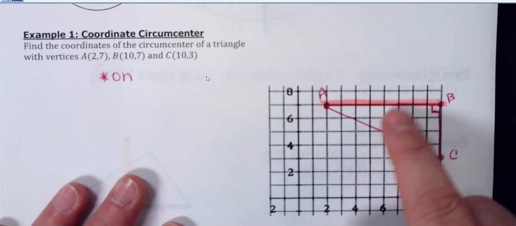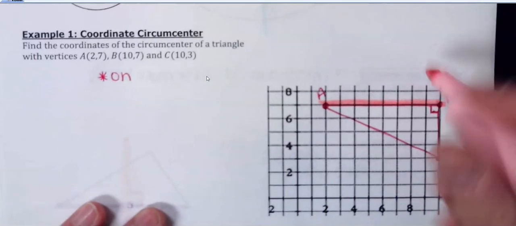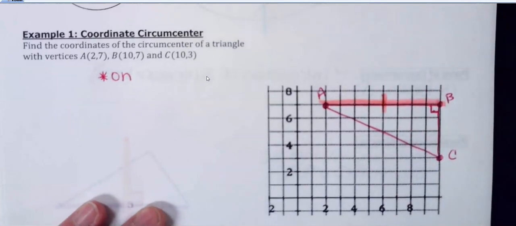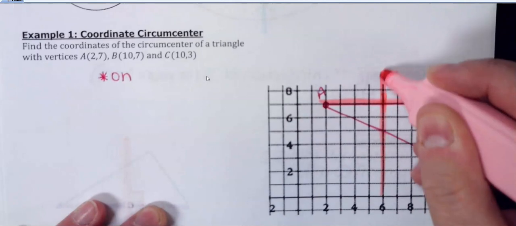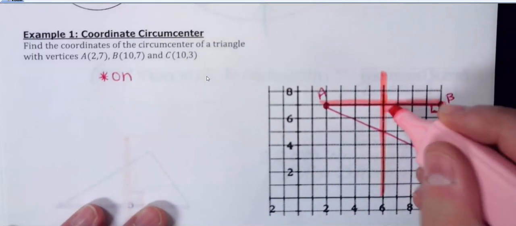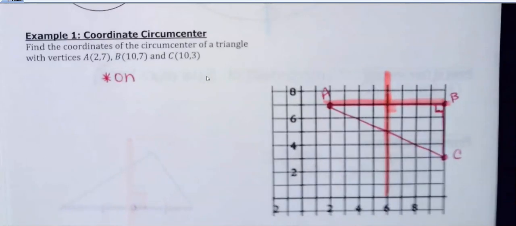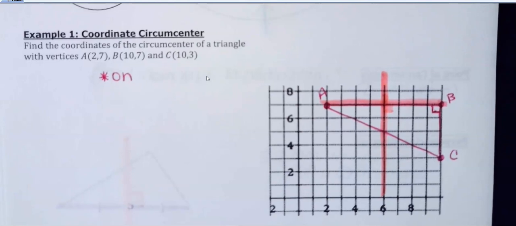So right in the middle of that would be 6, right? Now, all I've got to do to get a perpendicular line, if I've got a horizontal, is draw straight up and down. Because the horizontal line and the vertical line are perpendicular to each other. So that's just me drawing the perpendicular bisector. I don't need to construct it. I can just use the grid marks on the graph to help me with that.